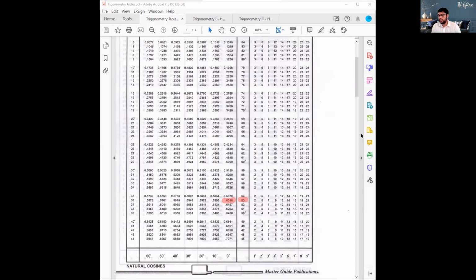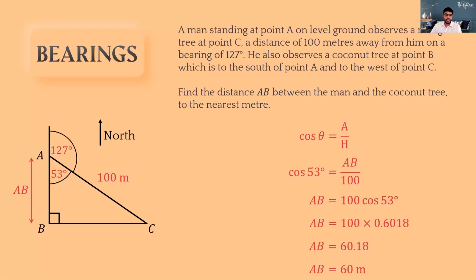It explains clearly how to find it. So that is how we got 0.6018. Once we get that, we can substitute 0.6018 into our equation. You can see, children, I've taken that value 0.6018 and substituted it here.